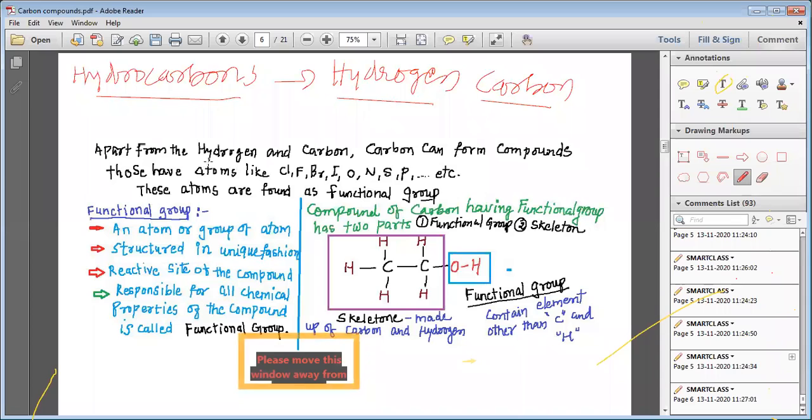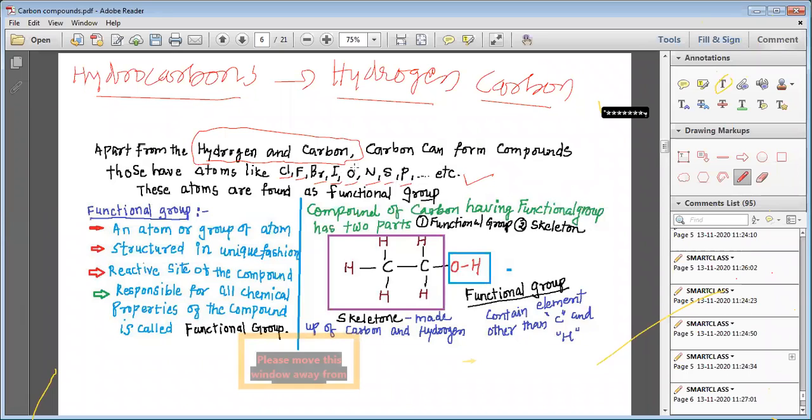But apart from hydrogen and carbon, my dear students, carbon can form compounds that have atoms like chlorine, fluorine, bromine, iodine, oxygen, nitrogen, sulfur, phosphorus, etc. Please remember that carbon can make compounds with chlorine, fluorine, bromine and iodine.